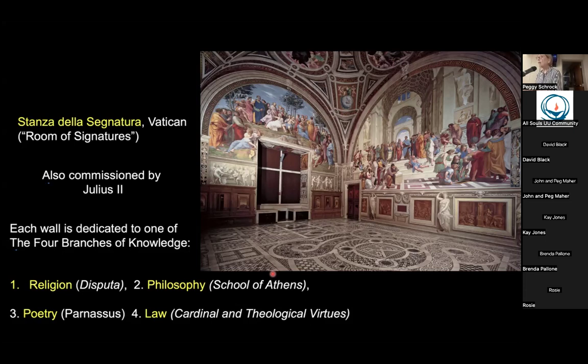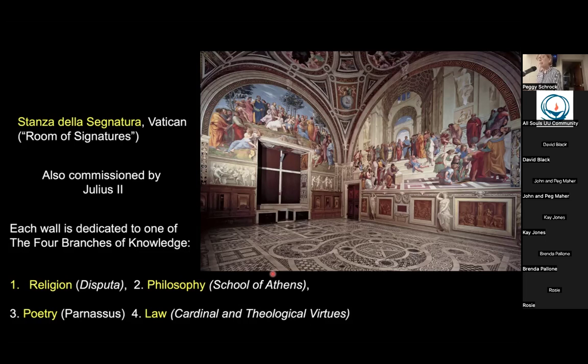At the time, the four branches of knowledge were religion, which is depicted by a painting called the Disputa, which we're not going to spend time looking at. Philosophy, which is depicted by the School of Athens, which is the one we will look at.